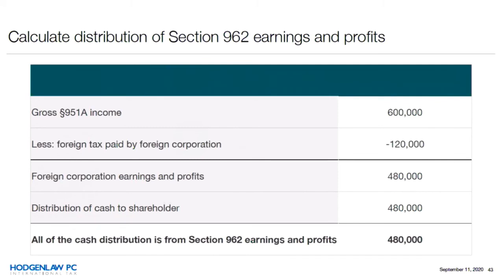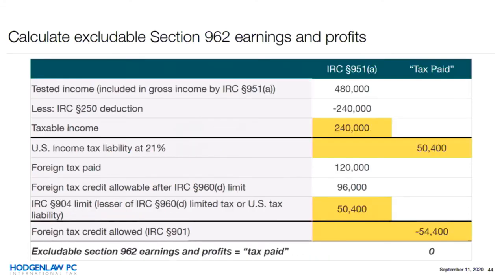We're trying to calculate how much cash distribution is made. We start with 600,000 of cash in the business because it made 600,000 of profit, paid 120,000 of tax. E&P is 480. And cash is 480, and all the cash is distributed to the shareholder. So that's what's happening. And now we calculate the excludable portion of that 480,000 cash distribution.